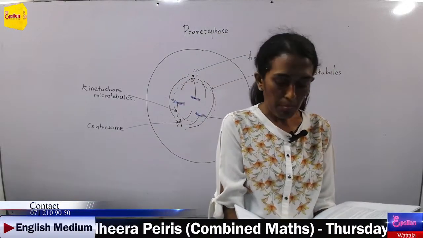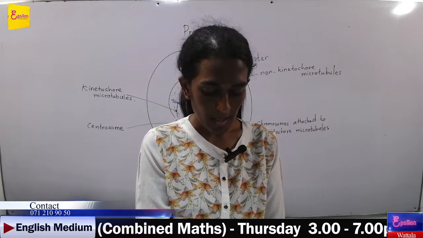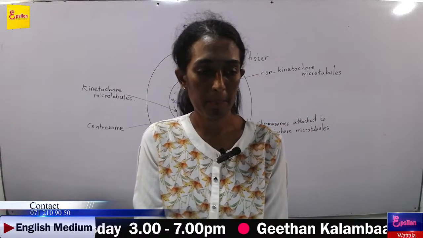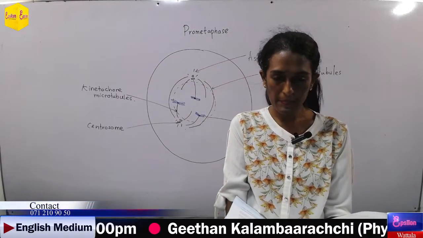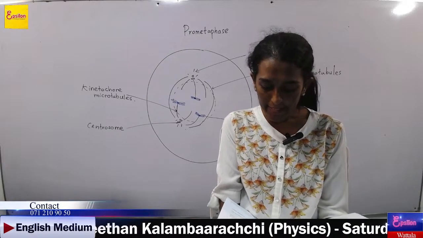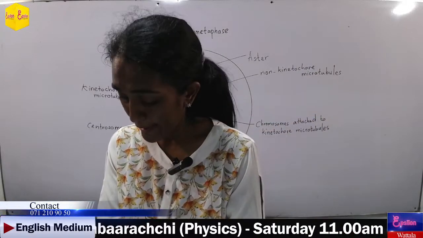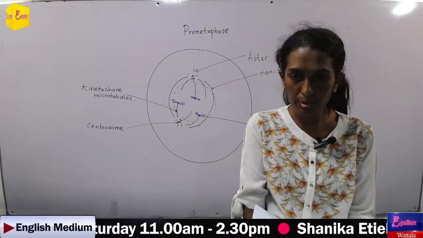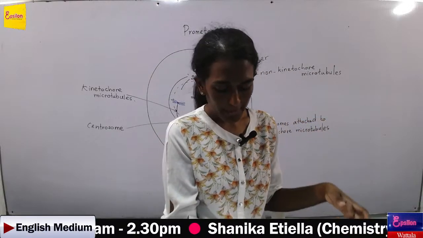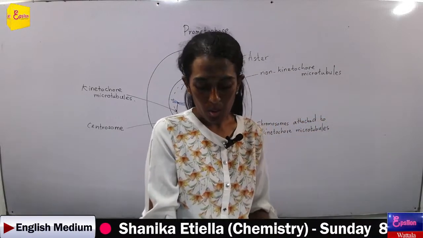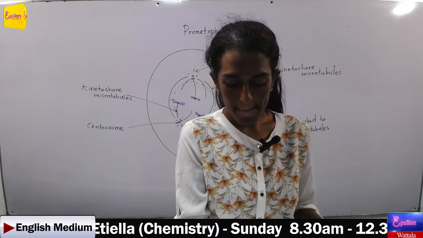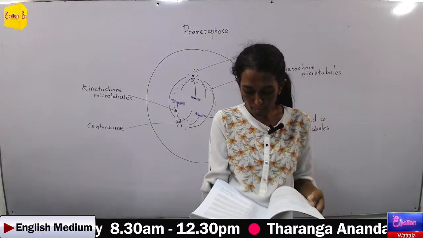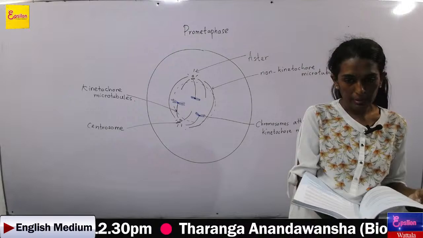Next one, some of the microtubules that attach to the kinetochore of chromosomes move the chromosomes back and forth.